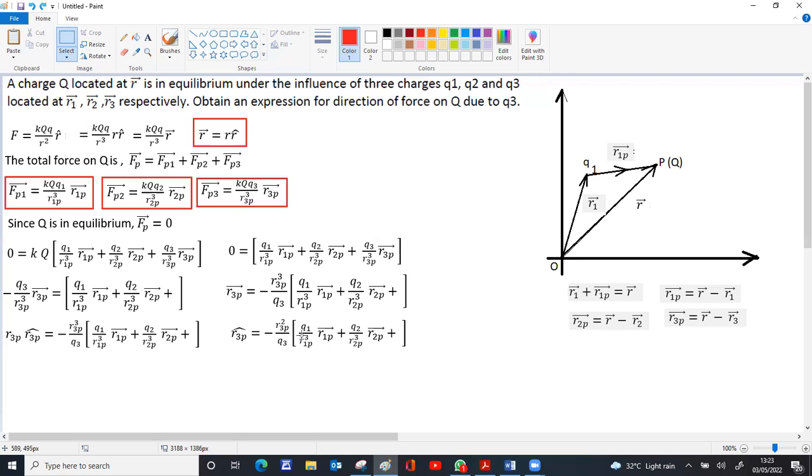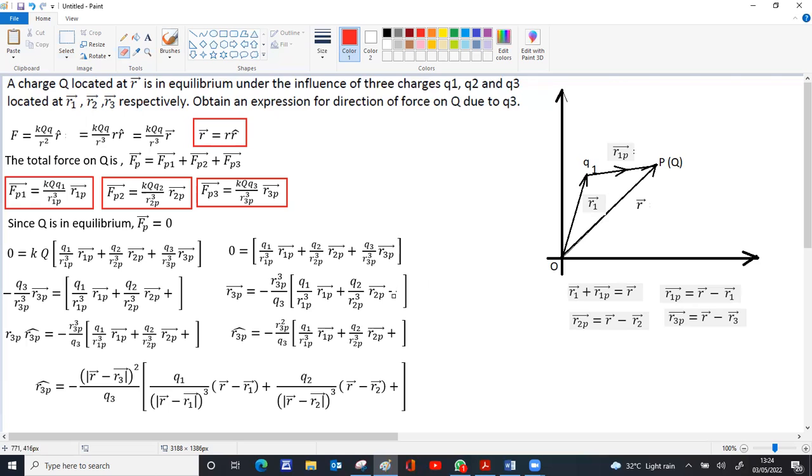So R3P will be R minus R3 magnitude the whole square. R1P will be R minus R1 the magnitude whole cube. Vector R1P will be R minus R1. Same way R2P magnitude cube and R2P are all changed. So this is the direction for force on Q due to Q3.